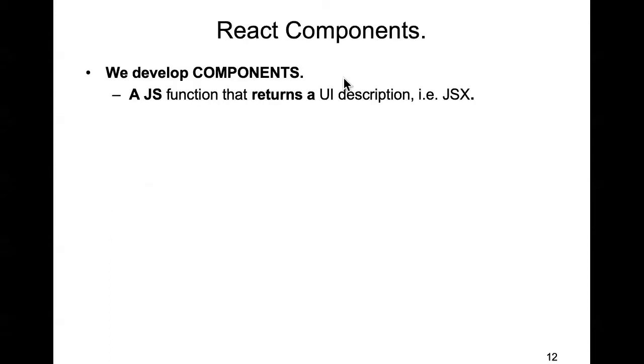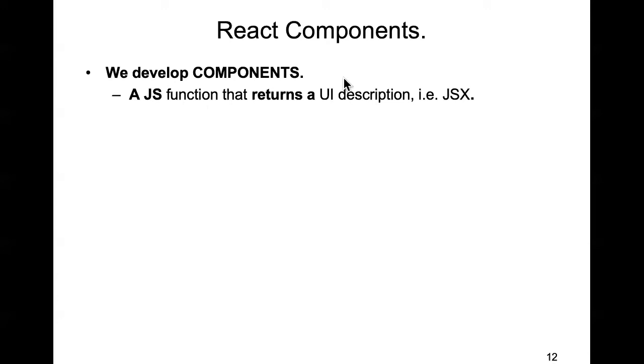So React is all about components, and a component. Oh yeah, we actually haven't seen a component so far. We've seen JSX, but we haven't seen a component. So we need to address that. So what is a component, or how do we code a component? In fact, it turns out that a component is going to be implemented as a JavaScript function.